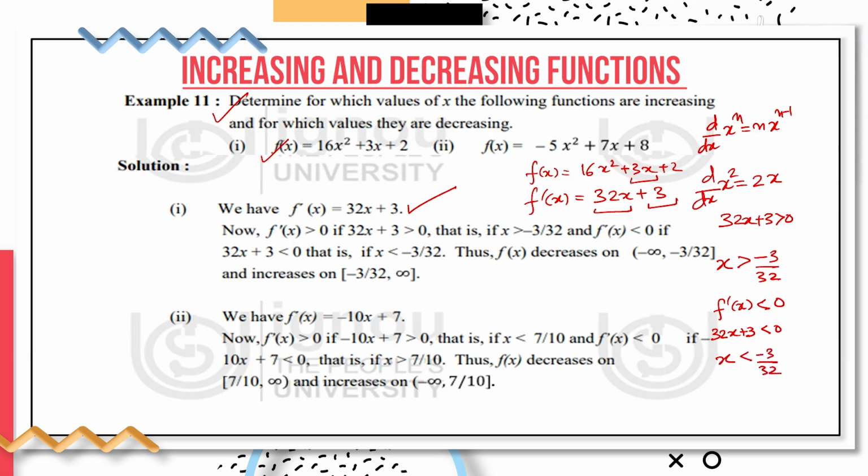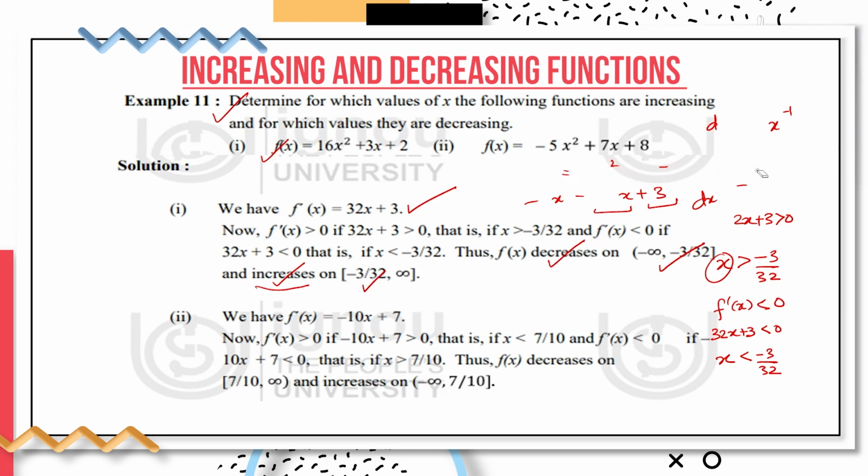So, you can say that the function decreases in the region from minus infinity to -3/32 and will be increasing when the values of x are greater than -3/32. So, from -3/32 to infinity the function is increasing, and from minus infinity to -3/32 the function f(x) is decreasing. I hope you understood how we solve this numerical.